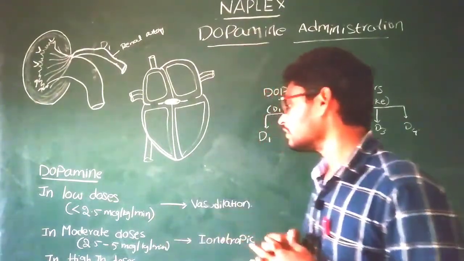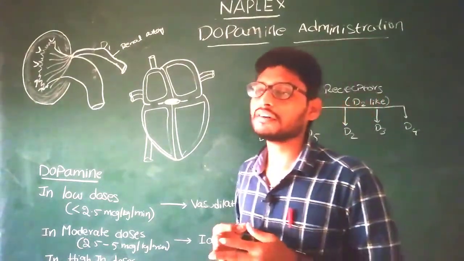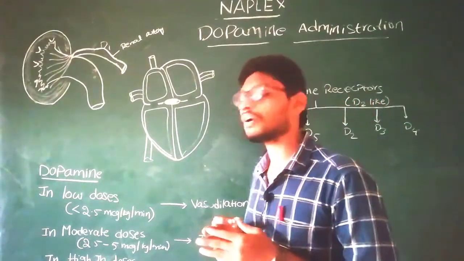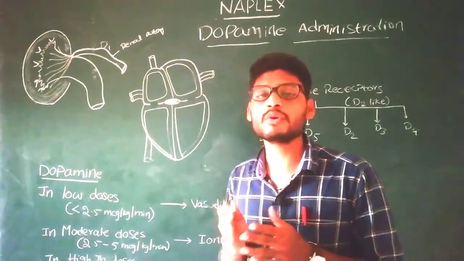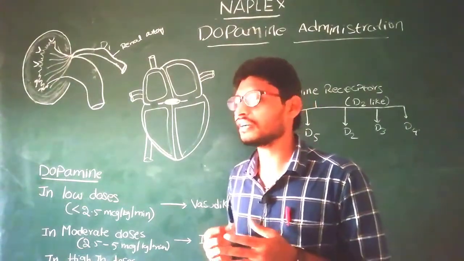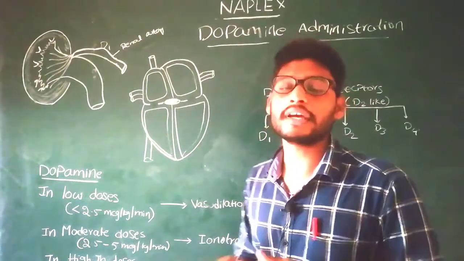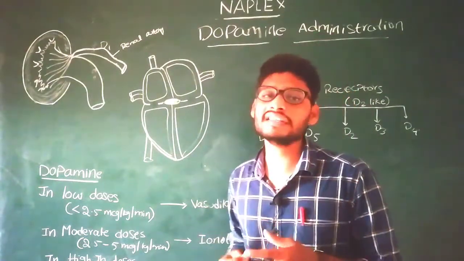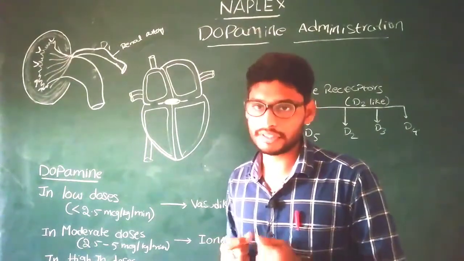At moderate doses, 2.5 to 5 micrograms per kg per minute, dopamine results in inotropic activity, increasing the force of contraction of ventricular muscle.